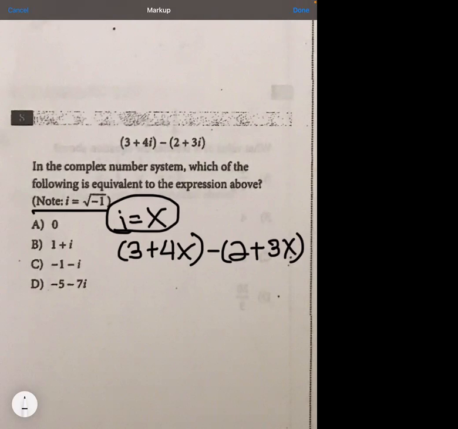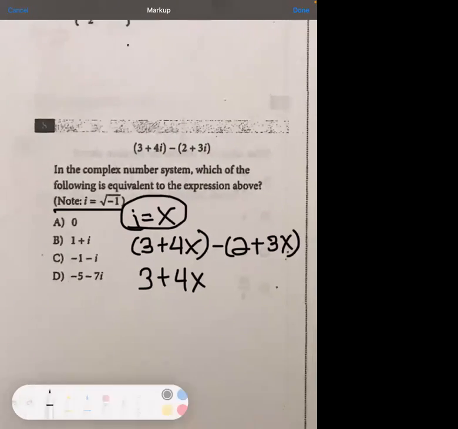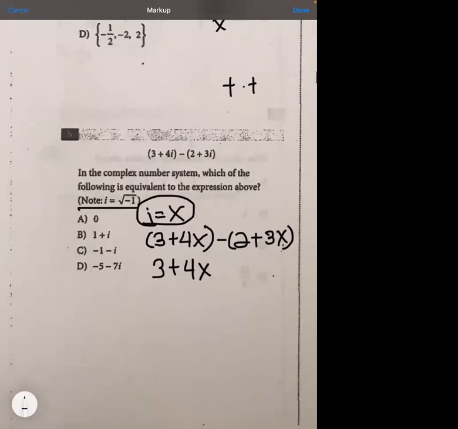All right, so in order to simplify this, we could copy the first equation down, but on the second equation, we need to be careful because we see a negative sign right here. We should know that a positive times a positive equals a positive, a negative times a negative equals a positive, and a negative times a positive equals a negative.